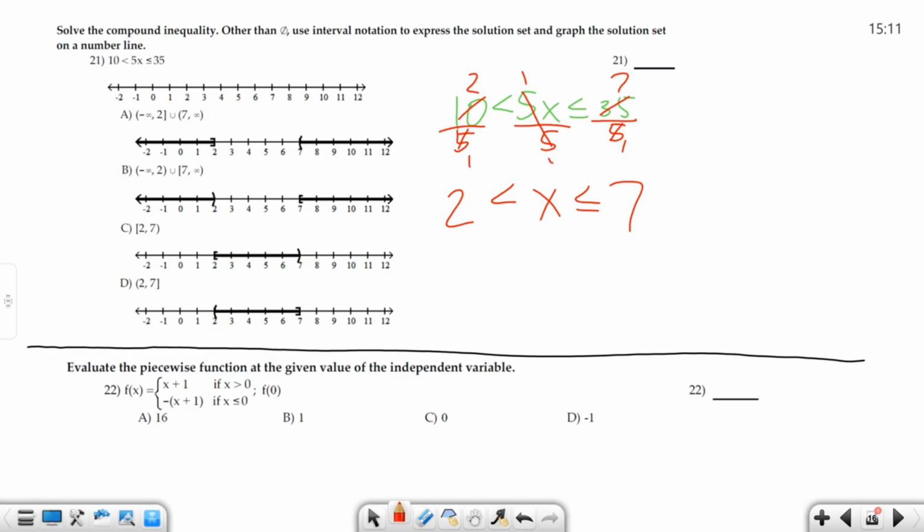So on my number line, I care about 2 and 7. So I'm in between them. Parenthesis on 2, and then this equals means what? We have a bracket over here. So 2 to 7. All right, this is written right: we have 2 comma 7 with a parenthesis and a bracket.